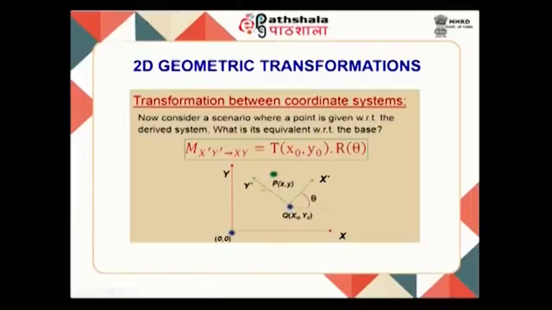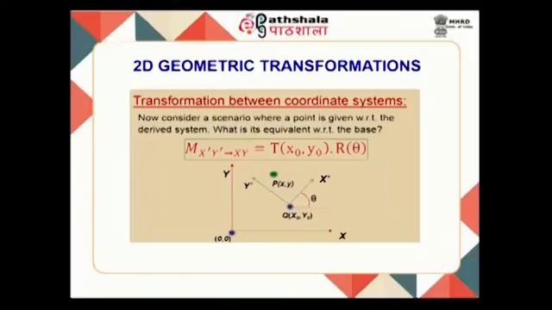Assume that P x y is a point given here, and we want its equivalent in the base system. For that, we have to align our base system with the derived system. Let me repeat that again. In this scenario, we will be aligning our base system with the derived system.